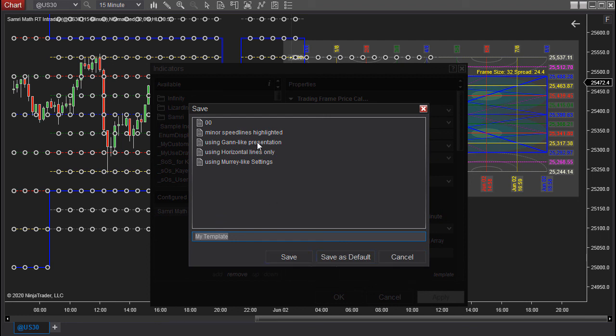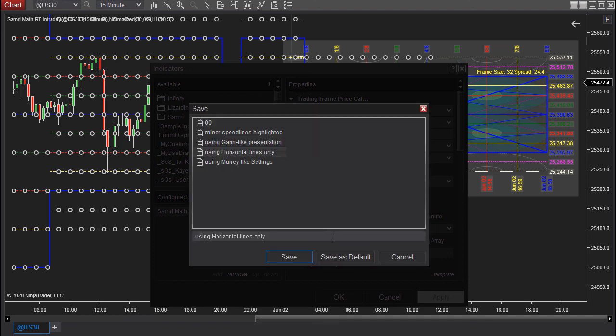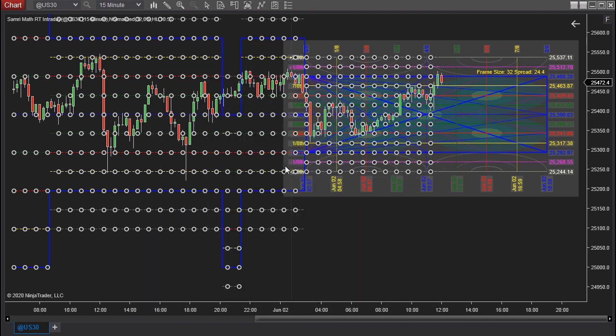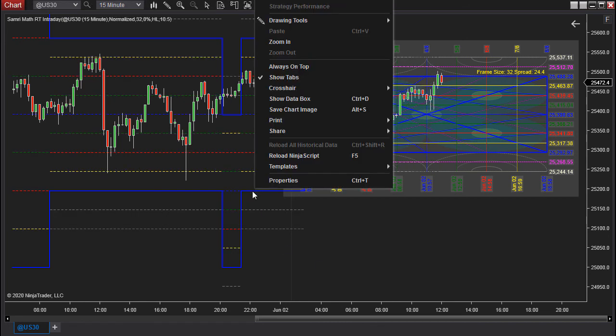A couple of templates I've already programmed: one is using horizontal lines only. That seems to be a favorite among some users. Not of my indicators, but people who use this style of trading.